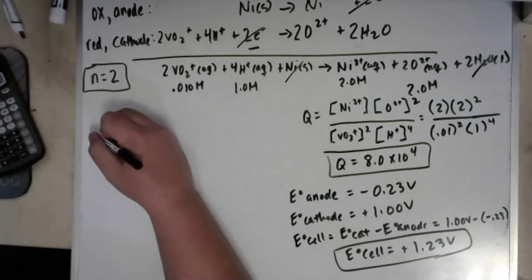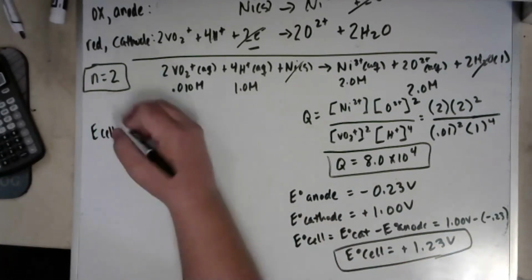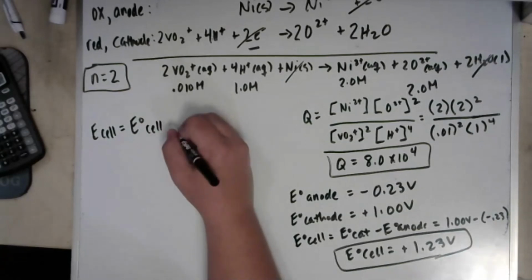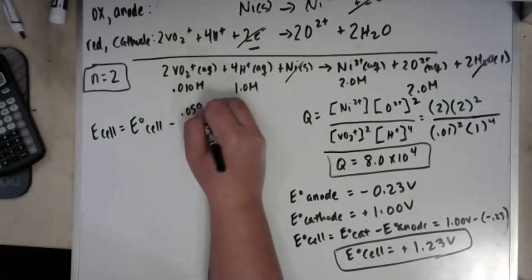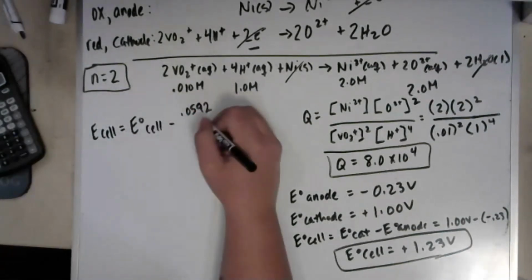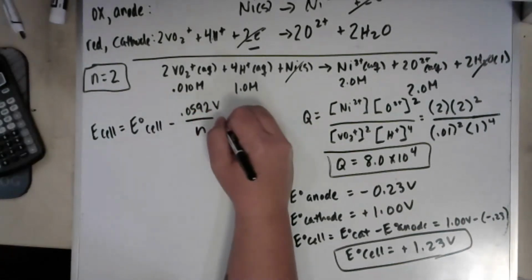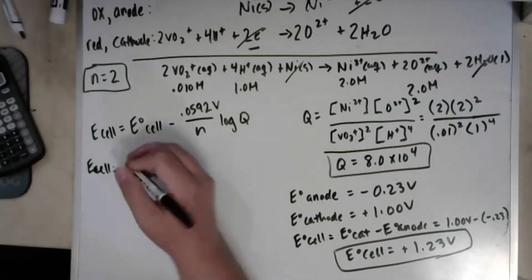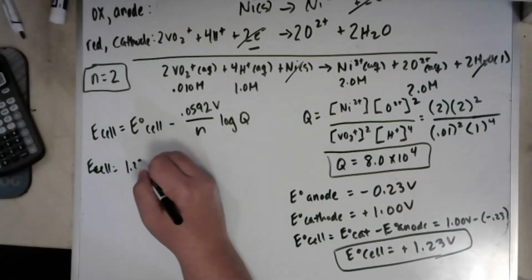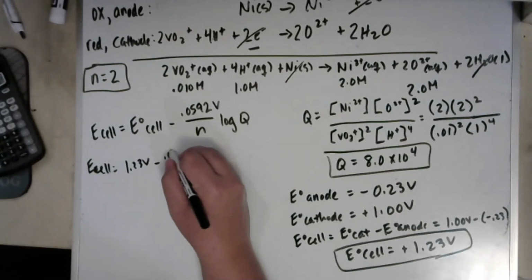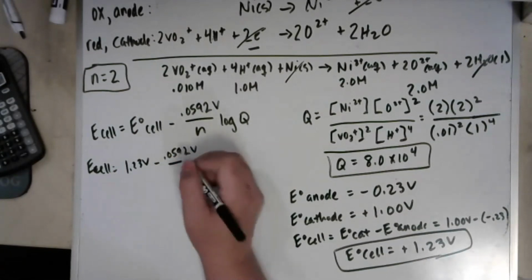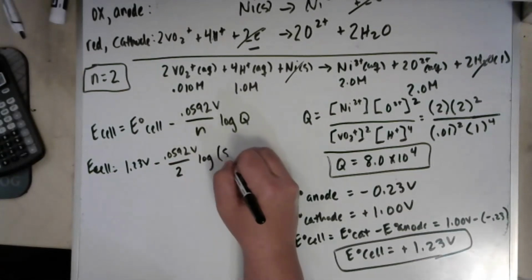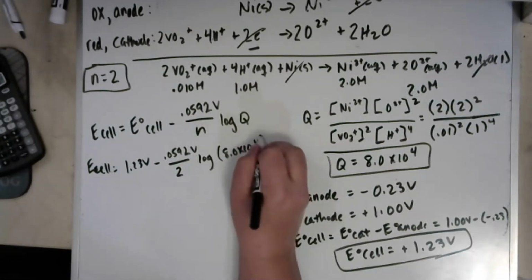Now we can calculate our E cell at this set of conditions. E equals E standard minus 0.0592 volts over n log Q. So we have 1.23 volts minus 0.0592 over 2 log of 8.0 times 10 to the 4.